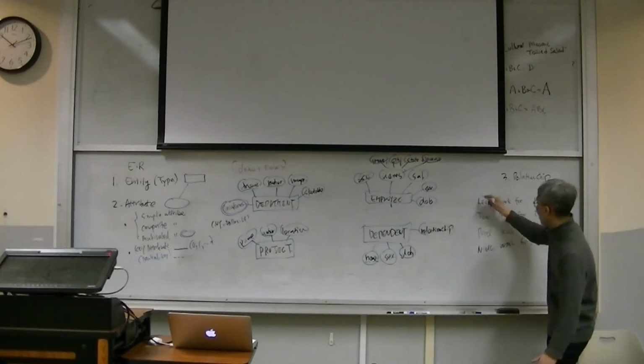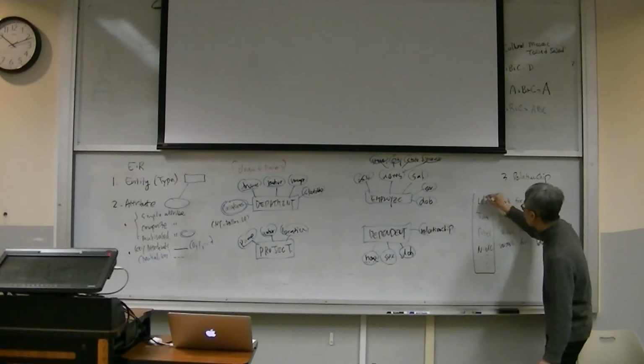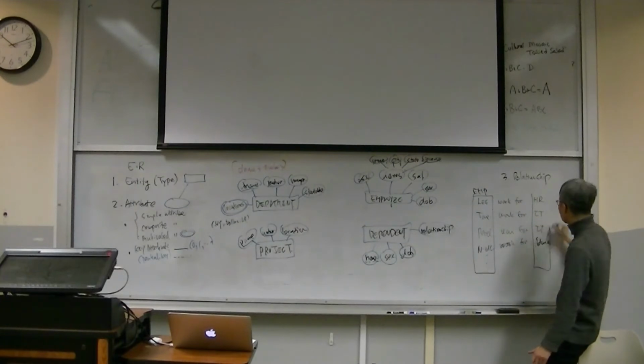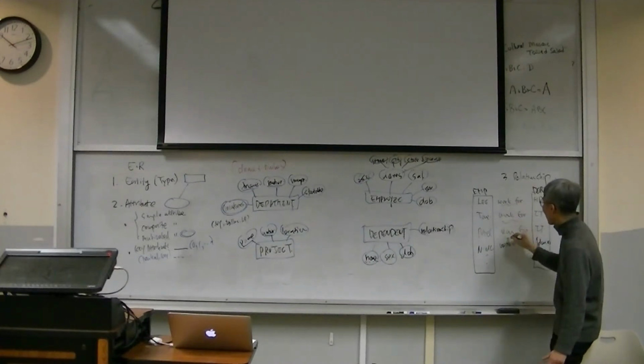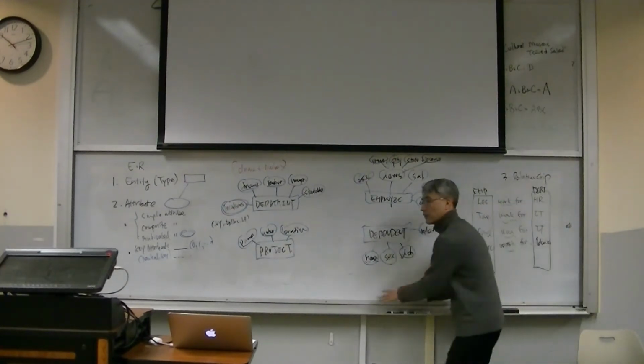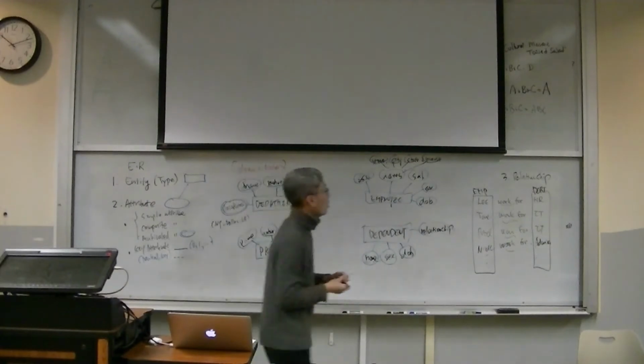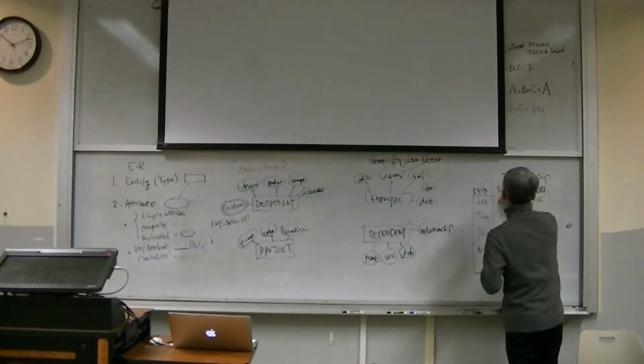At that time, we can identify this is the employee entity, and this one is the department entity. Then we have works for. This is called the relationship.